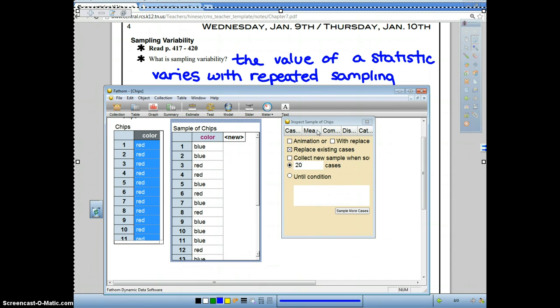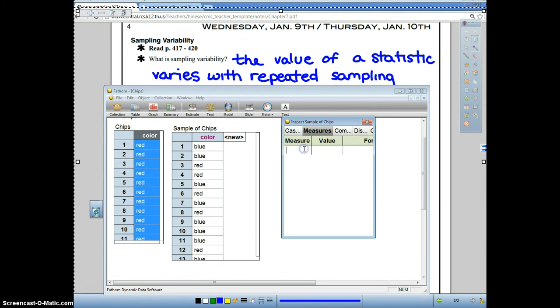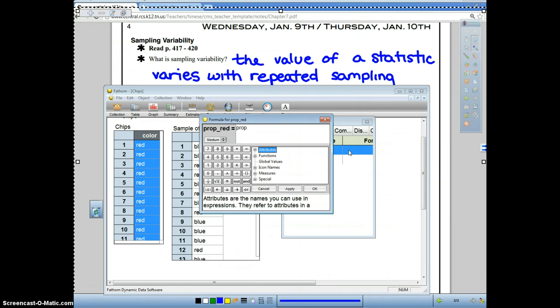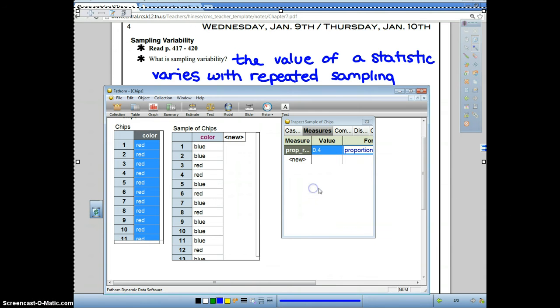And what if I was actually interested in the proportion that were red? So I'm going to create a sample statistic called proportion red. This would be p hat. And in my formula, I'm going to say I want to know the proportion that are the color red. And here it's 0.4. Okay?